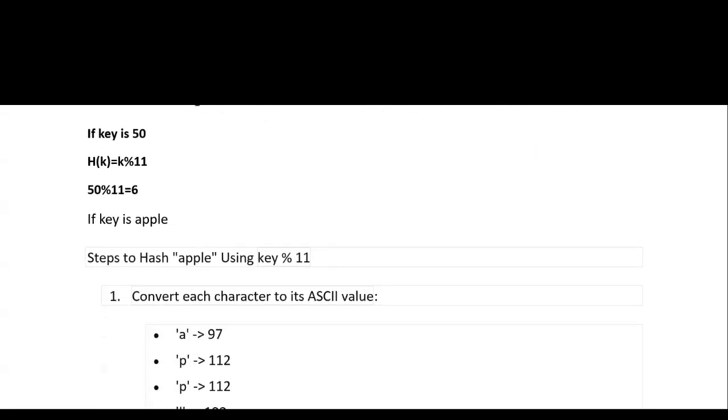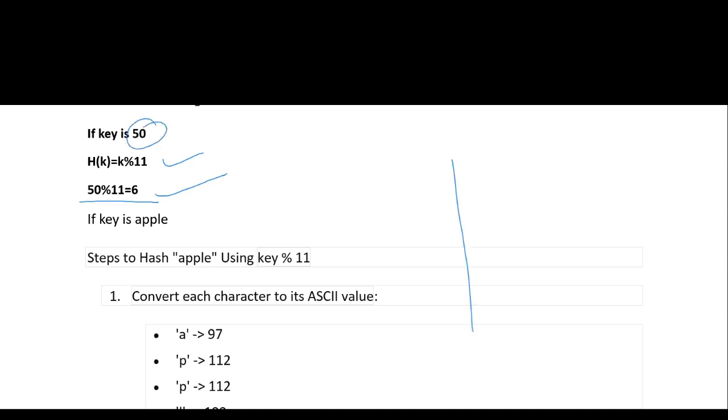Say, for example, I have a key which is 50, and I want to map it to the table, and the hash function is k mod 11. So 50 mod 11 gives me 6. Where does 50 go in the hash table?